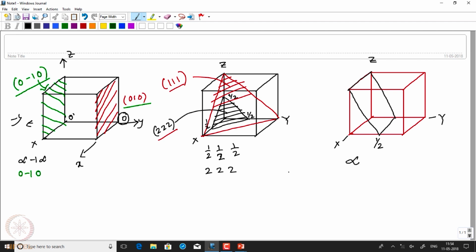Along y, it has intercept half. Along z, it meets z at 1 unit away from the origin, so z is 1. So now take reciprocal, so it becomes 0, 2, 1, which means the Miller indices for that would be nothing but 0, 2, 1.